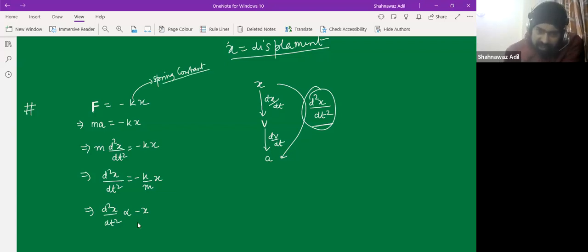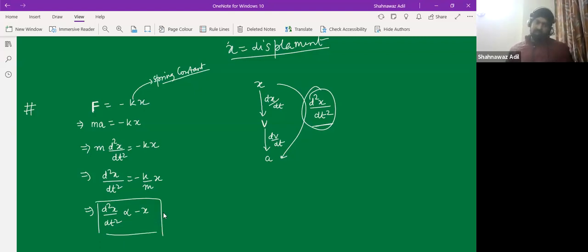So you guys see what this behavior shows. This is for what kind of function? What function mimics this thing? So this is a simple harmonic function, right? d square y by dx square is proportional to minus y.